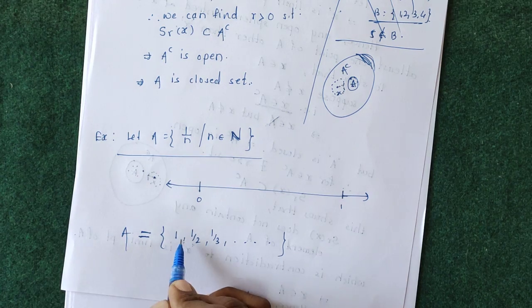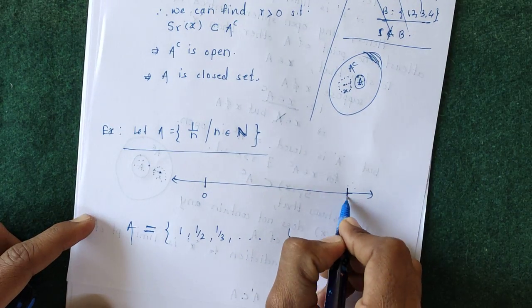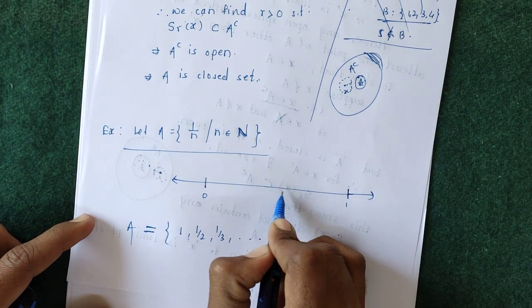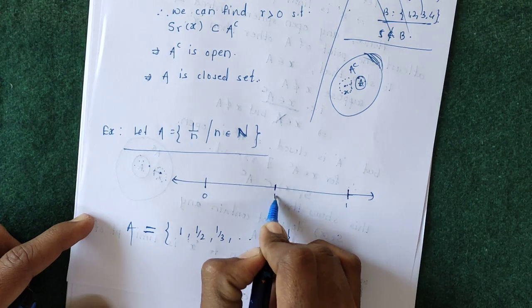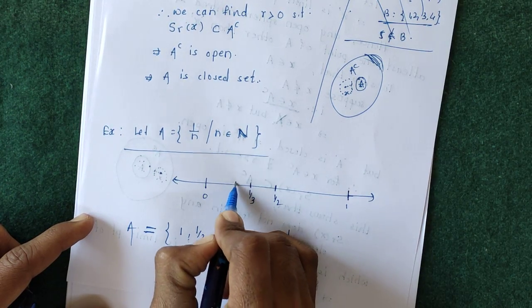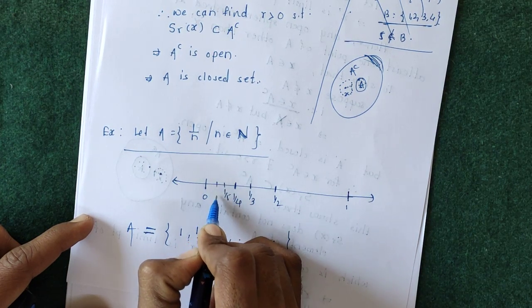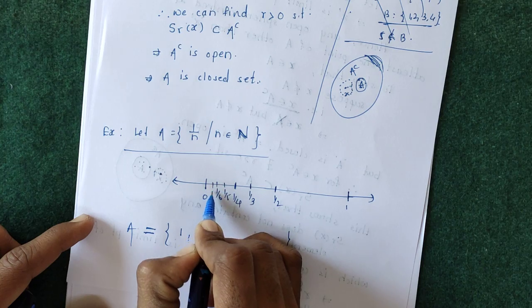Now, here if you take x equals 1 and take some radius, then 1 by 2 is this element, 1 by 3 is this, 1 by 4 is here, then 1 by 5, 1 by 6, 1 by 7 and so on.